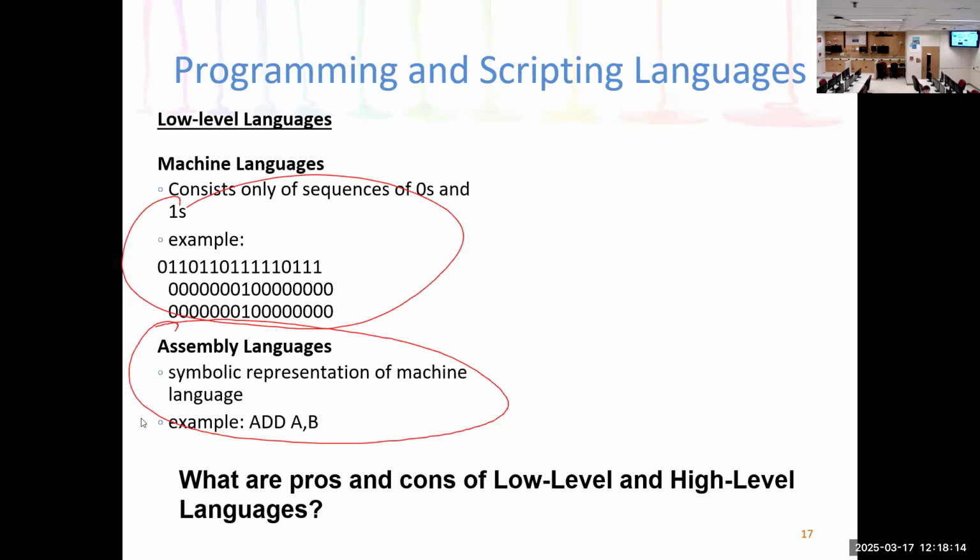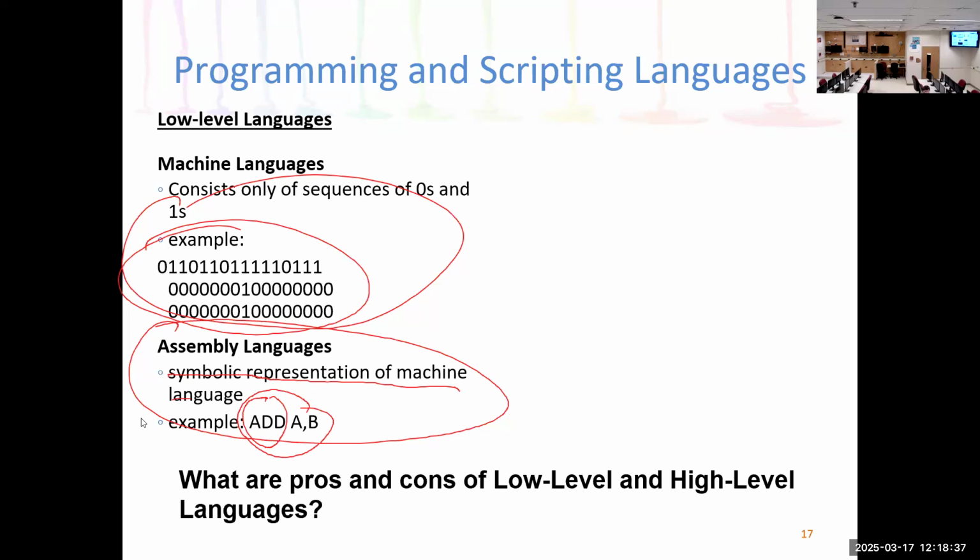It uses a symbolic representation of machine language. Think about it: instead of 0 and 1, it tells you to add A and B. Reading add A and B is way better than reading everything as 0 and 1. That's one upgrade of machine language, and it is a low-level language.